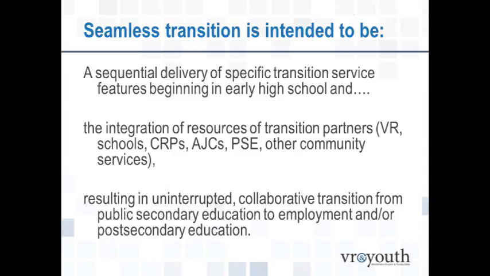Seamless is the key word there to describe transition, because what we intended was that this model would represent a sequential delivery of specific transition services that begins early in high school, and that it integrates the resources of transition partners, the ones that I've described previously, and that the result would be an uninterrupted collaborative transition from school to either employment or post-secondary education, or both.